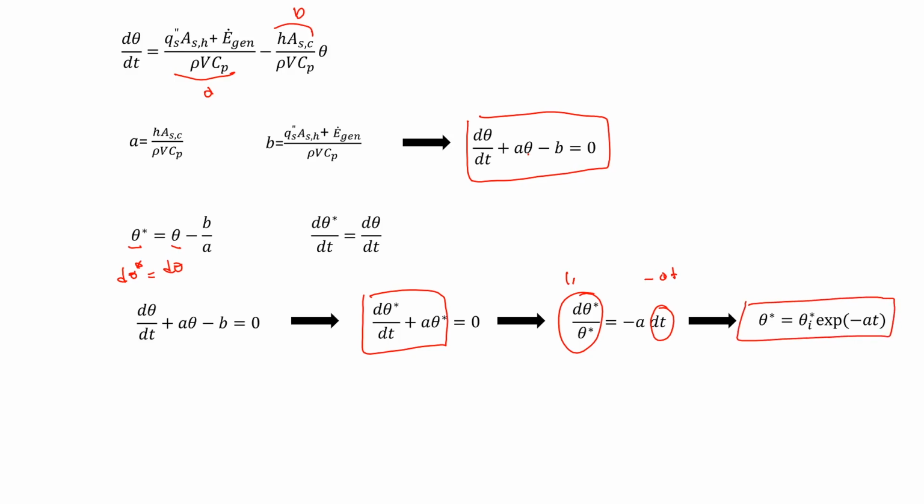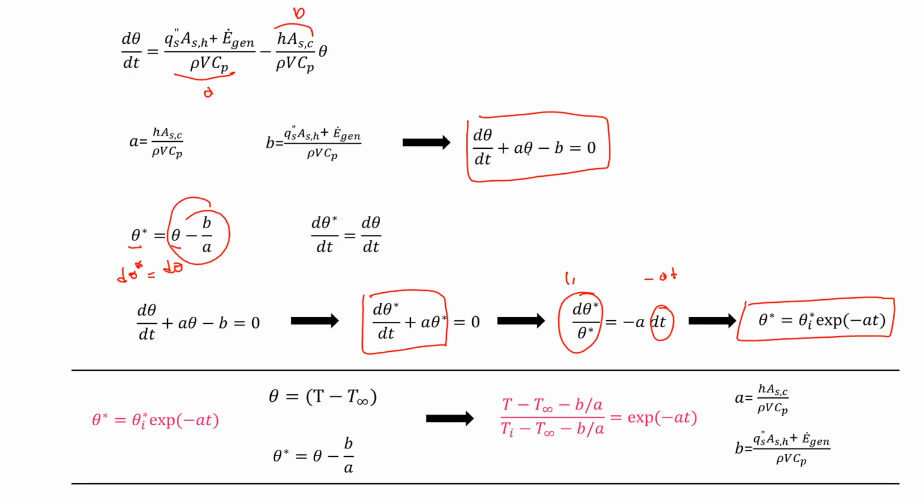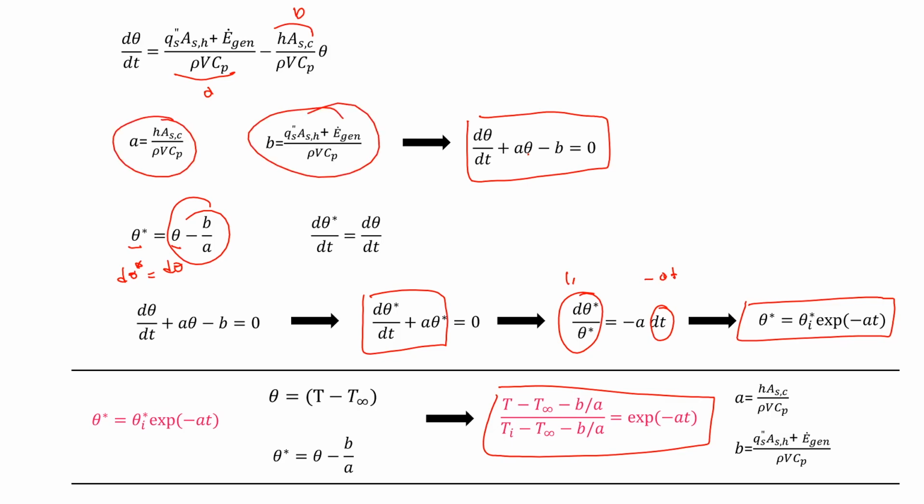Then you can back substitute, use this expression here, and back substitute everything, and this will become our solution. Here A and B are defined as we saw above. That will be your expression for temperature as a function of time. Okay, this is the second special case.